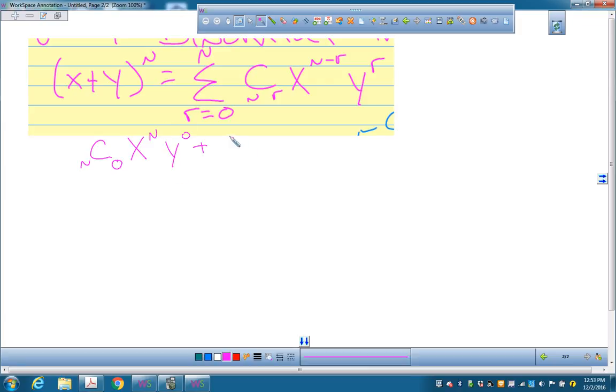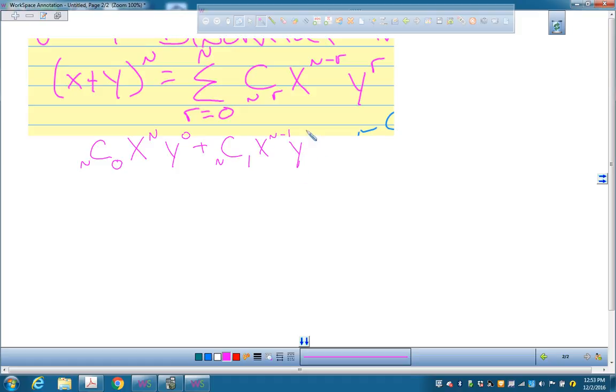The next term is going to look like n combination 1. This one goes down by 1, so this becomes n minus 1. This one becomes 1, right? This number here always agrees with that number there. Plus, what would the next term look like? nC2, x to the n minus 2, y to the 2.